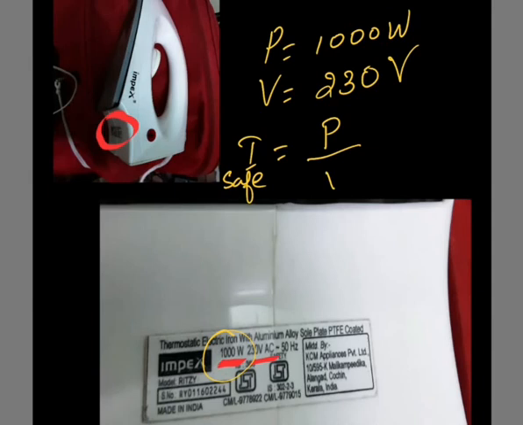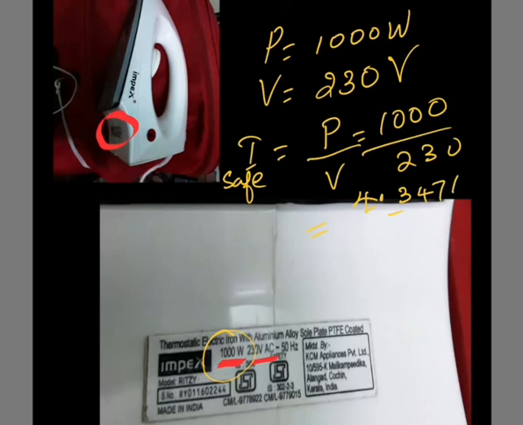Power divided by voltage, that is 1000 divided by 230. If you do the calculation, you will get the answer as 4.347 ampere. So this is the safe current which can flow through the electric iron while it is in use.